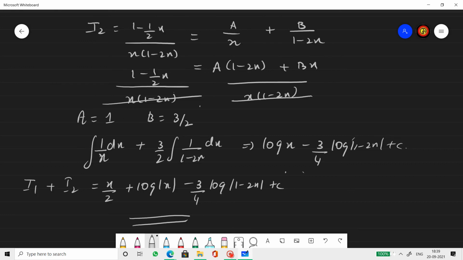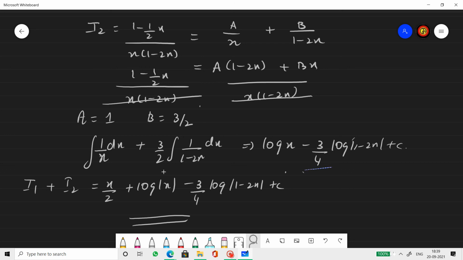So once you find a and b value, first by using x as 1 by 2 and then by comparing, you end up getting a as 1 and b as 3 by 2. Substitute it, start integrating. But as I said in the beginning, you are going to follow substitution when you're integrating this particular term. So do remember that you get a dt by minus 2 in the place of dx.